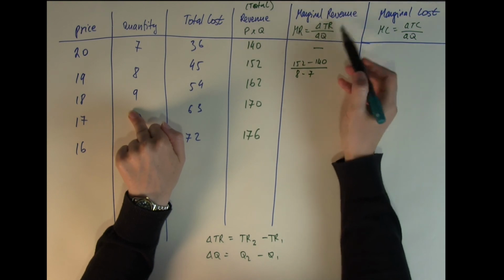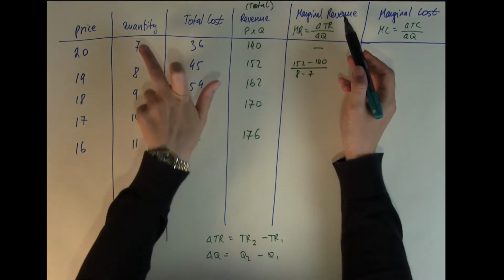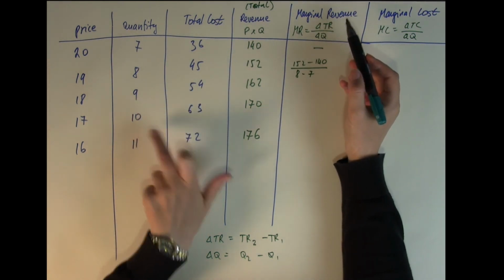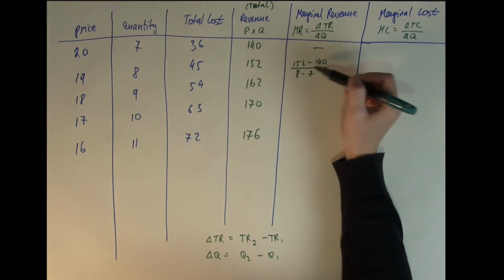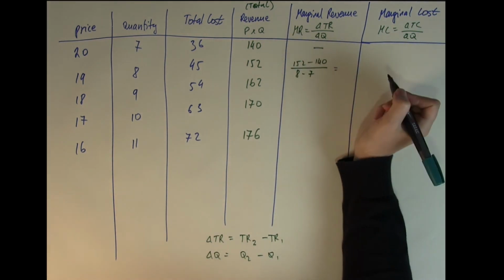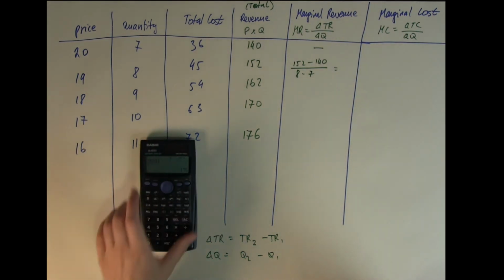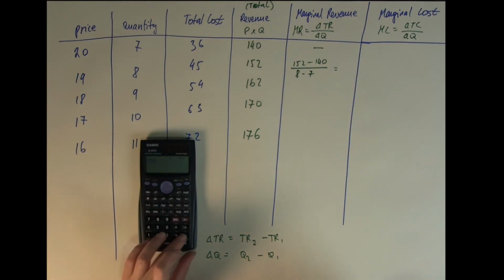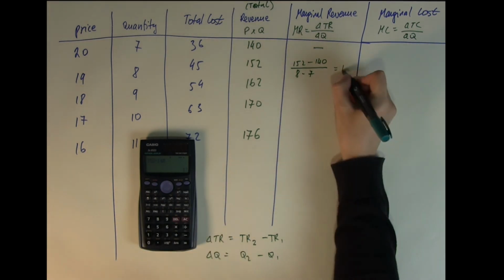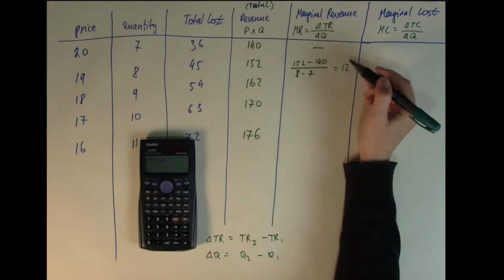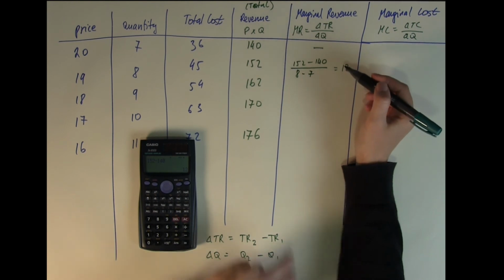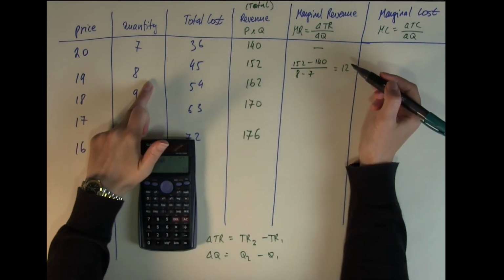So the marginal revenue in this particular case, when the quantity only grows by 1, will always be just the change in the total revenue. So what's the difference between 152 and 140? It is 12. So the marginal revenue is 12 for this particular price and quantity combination.